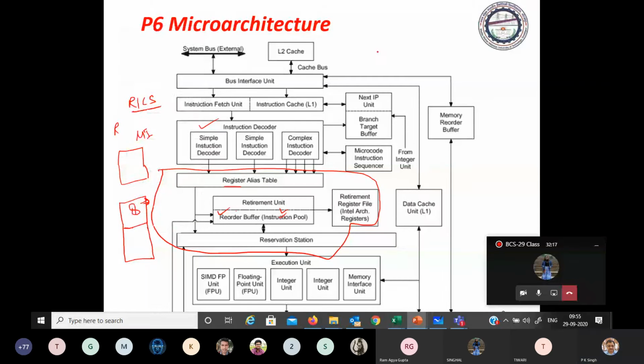Just see, if a function is called, what happens? The control of execution has to switch to that function and start executing it. But before switching to the target address of the function being called, we perform some housekeeping operation. We gather the environment of execution and push it in a special memory area called the stack.